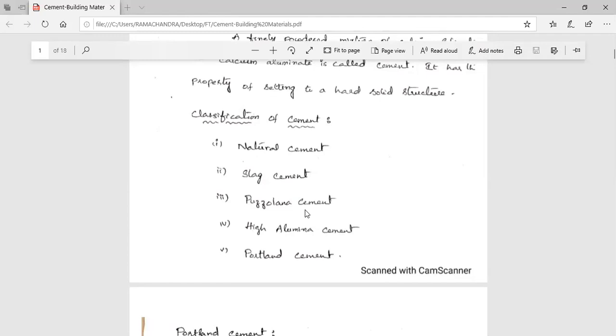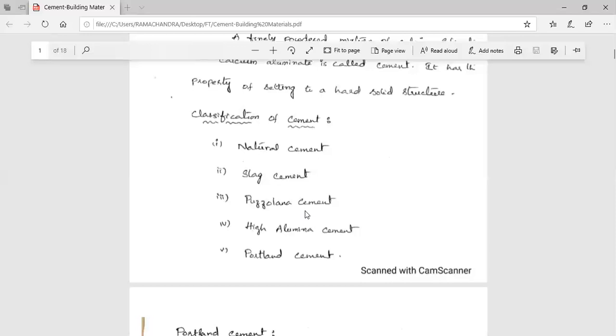Slaked lime is like a stone, like the stone we use for writing, known as slate. Slaked lime and volcanic ash are mixed to manufacture Pozzolana cement.